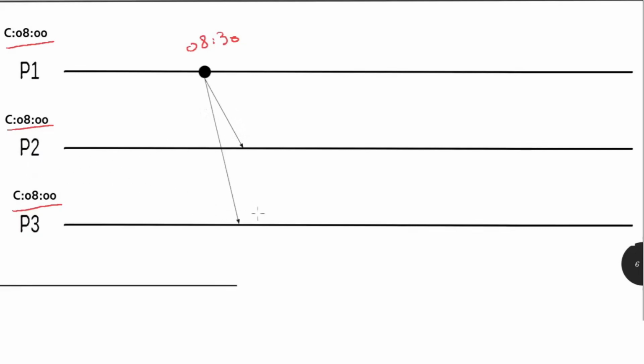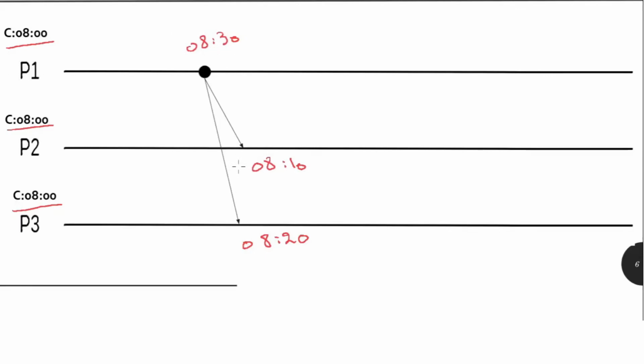But P2 and P3 would be very confused. For example, P2 would have the value of 8:10 and P3 would receive this message at 8:20. Both of them are confused. They're like, we didn't agree to start exchanging messages at 8:10. But process P1 reached 8:30 before these processes did due to the difference of the rate of oscillation.